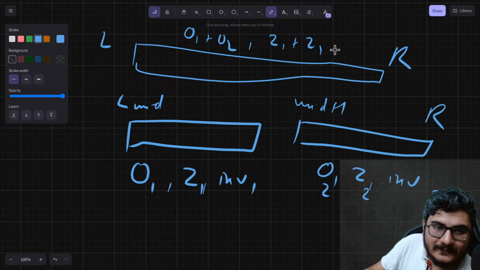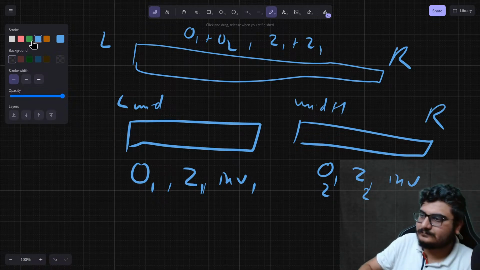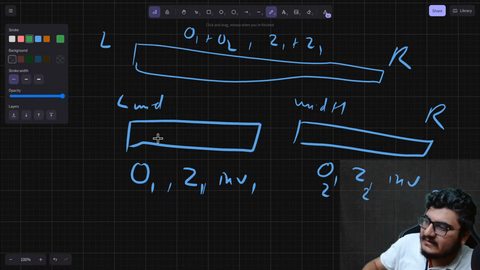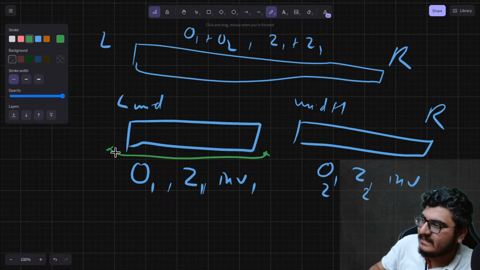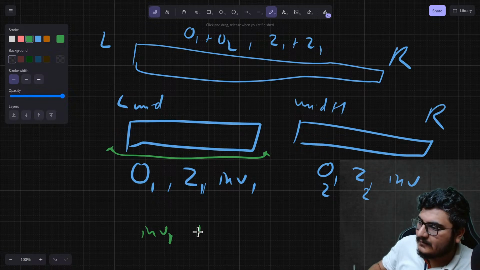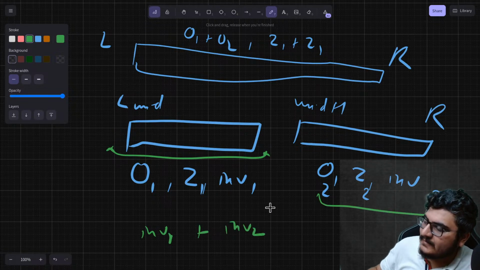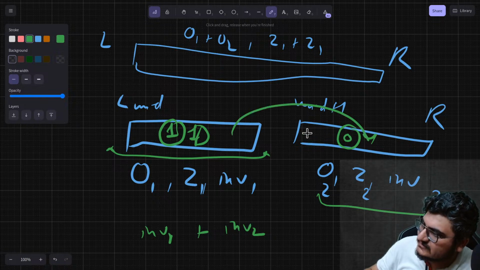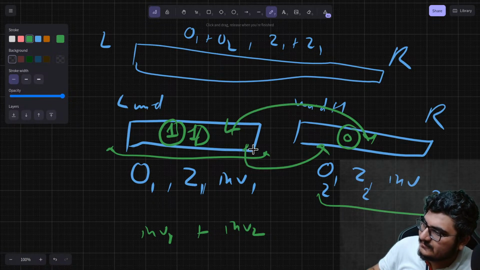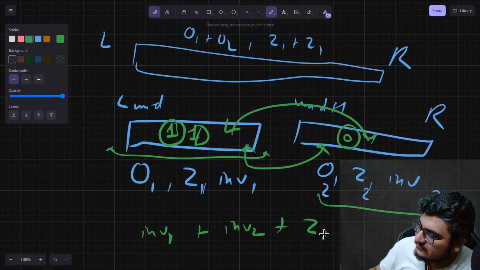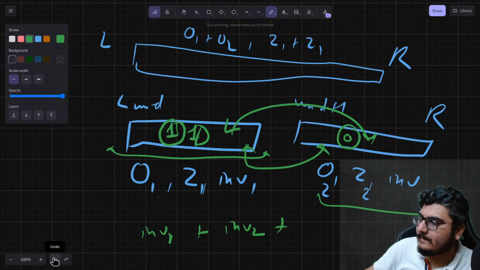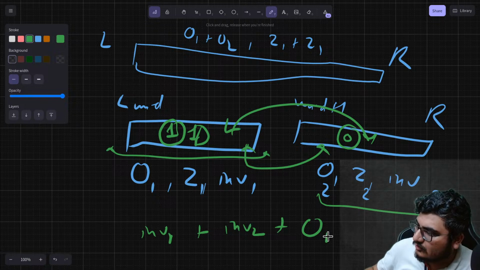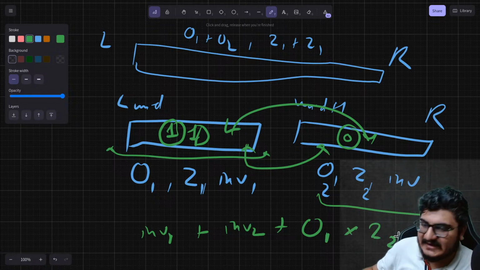And my claim is that the total number of inversions here would be the number of inversions in this part, which would be INV1, plus the number of inversions in this part, plus some 1 from here and some 0 from here. So the number of inversions across these two boundaries would be O1 into Z2. Any questions here?